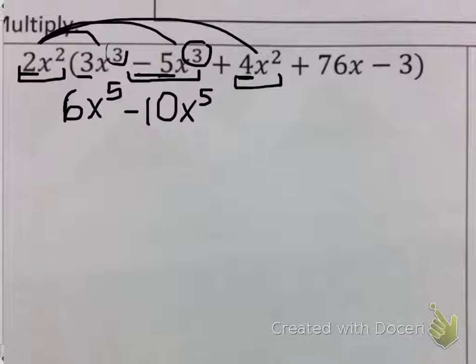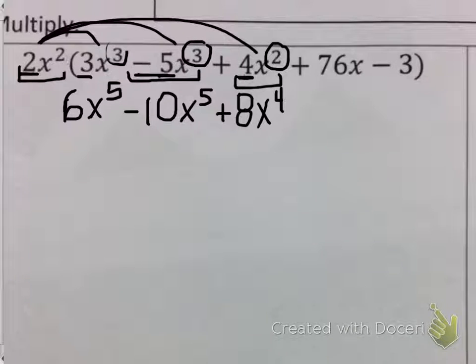So 2 times 4 is 8. Then we can put our x down, and then we're going to add our exponents. So 2 plus 2 is 4.